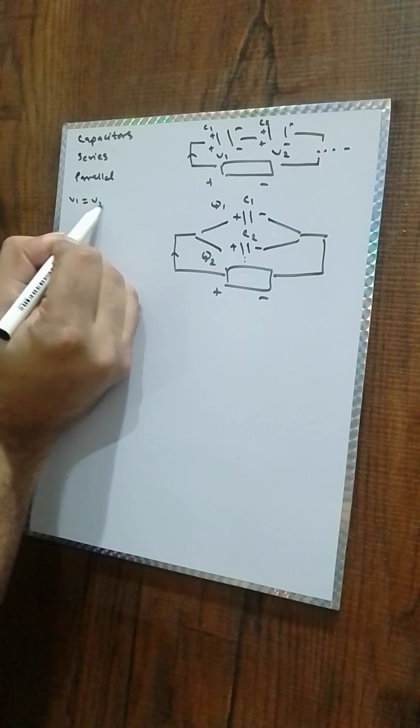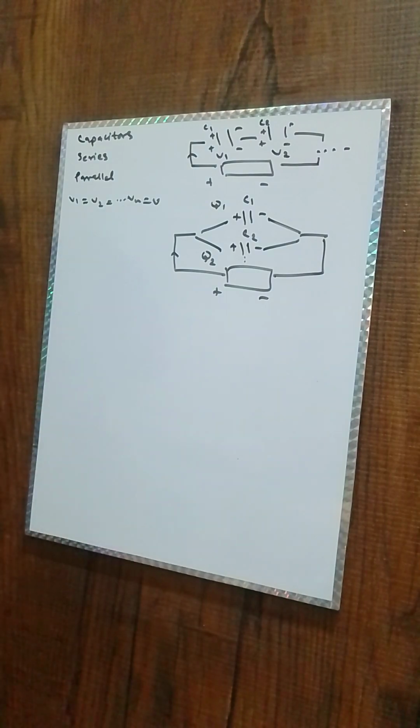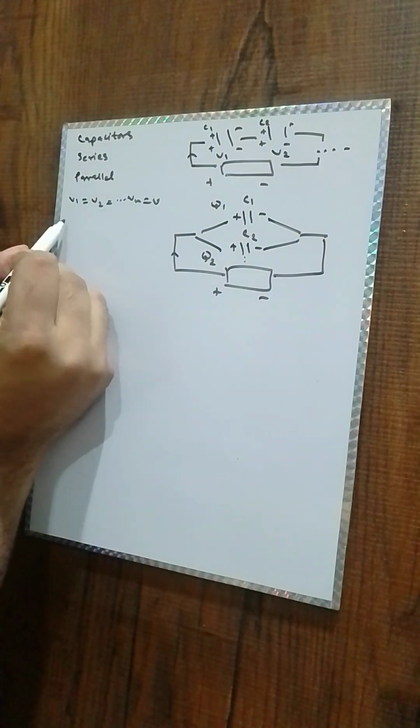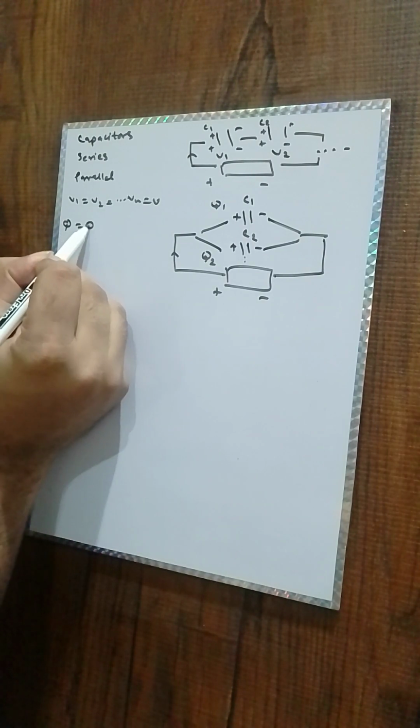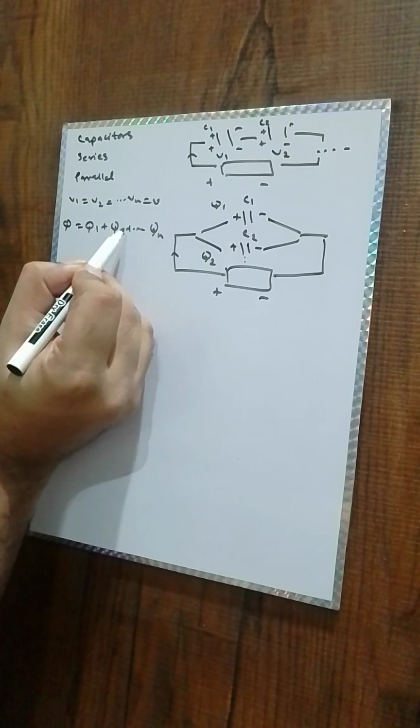So V1 is equal to V2 is equal to up to Vn is equal to V. Voltage is the same, charge changes, so Q is equal to Q1 plus Q2 plus up to Qn depending on the number of capacitors.